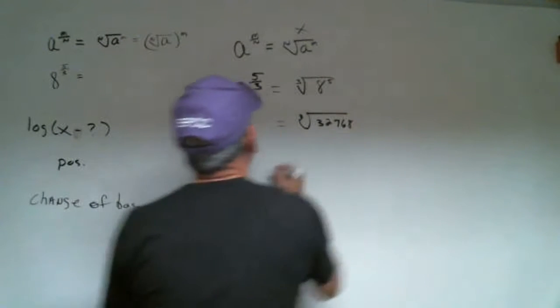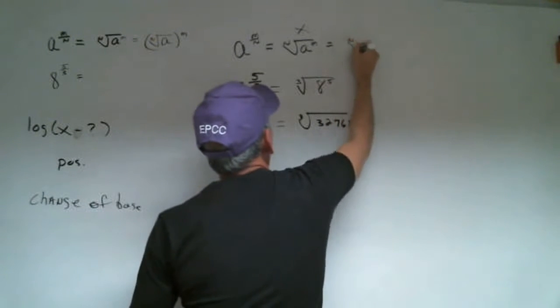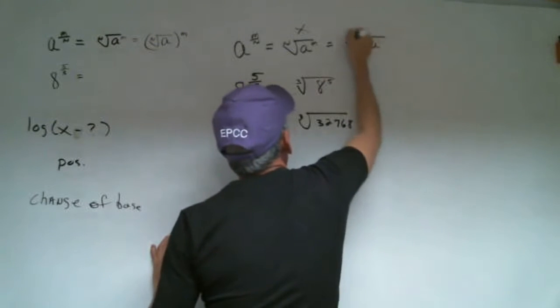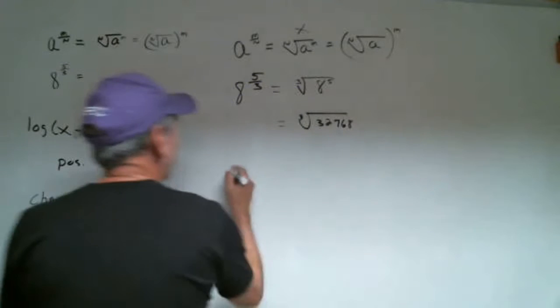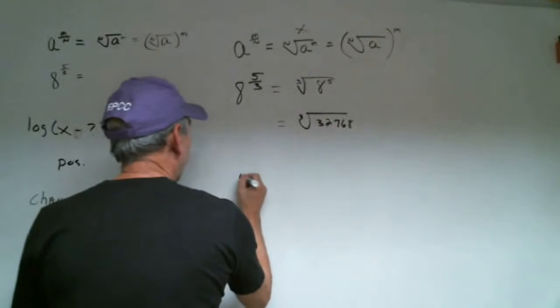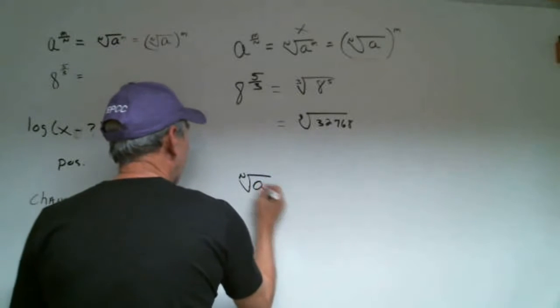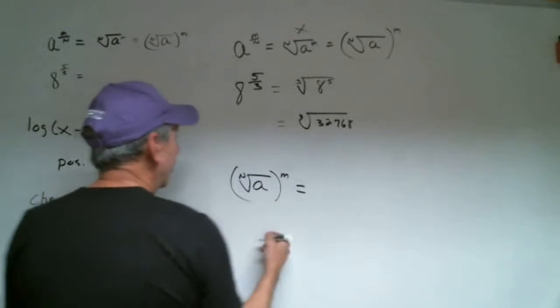That's why I like to use this one instead: the nth root of a, everything to the m power. Because this way it makes my work much easier.